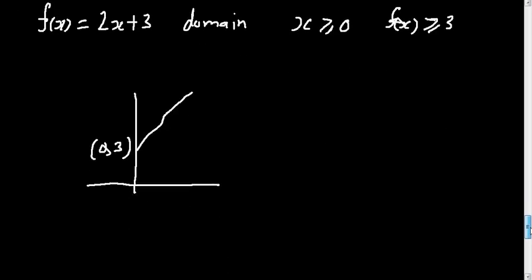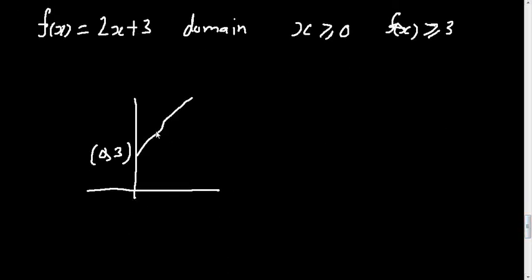If I were to sketch this graph with this restriction, for the inverse function my first x coordinate is 3 and my first y coordinate is 0. So my inverse graph will look something like that. It's basically a reflection on the y is equal to x line.